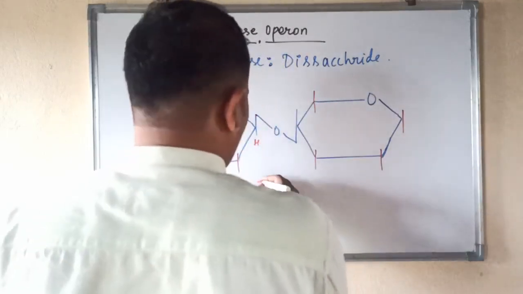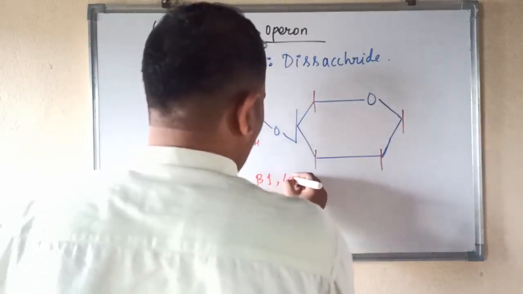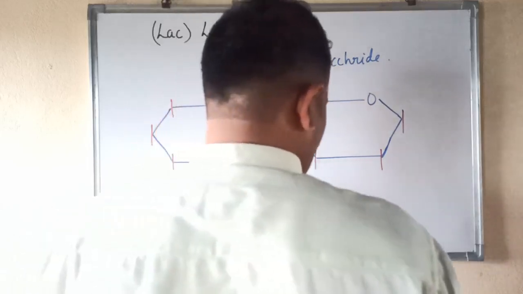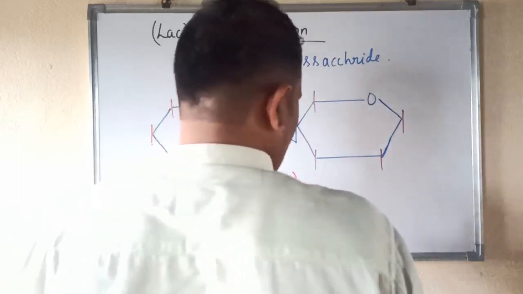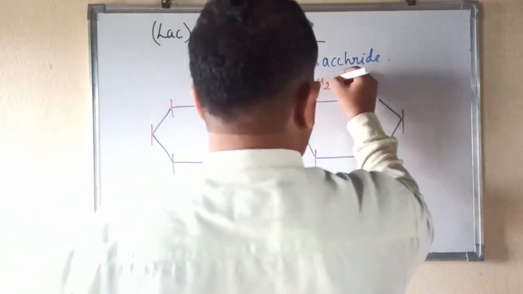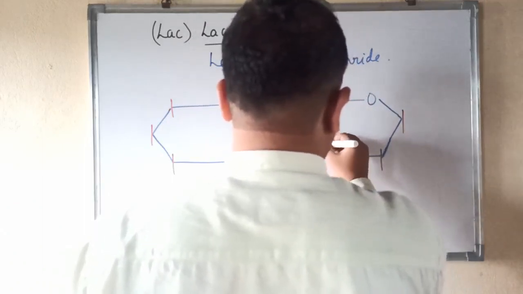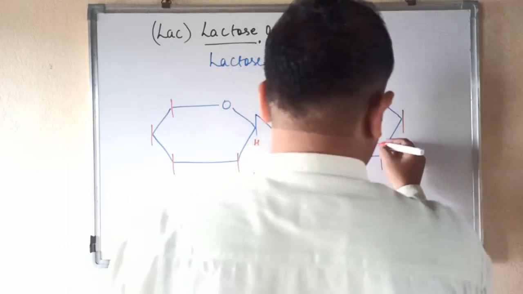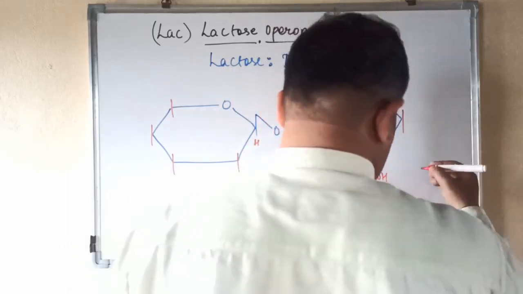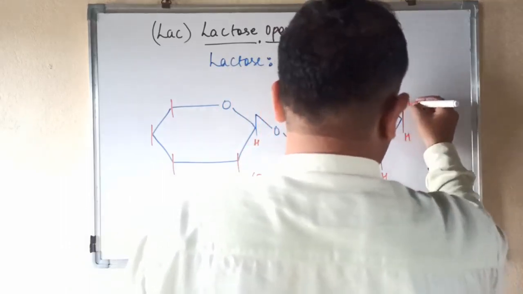There is a beta-1,4 glycosidic bond here, and a number of hydrogens and hydroxyl groups present, as shown in the figure that I am drawing here. So this is the structure of lactose.